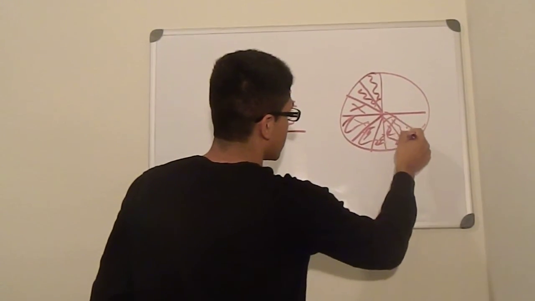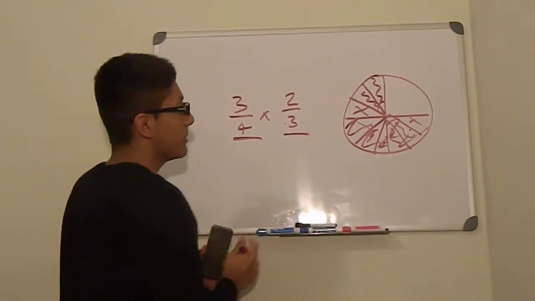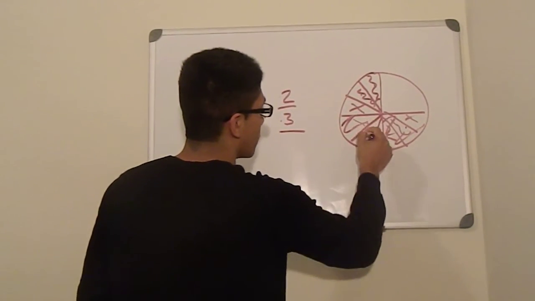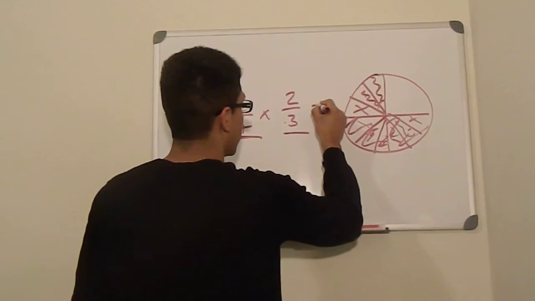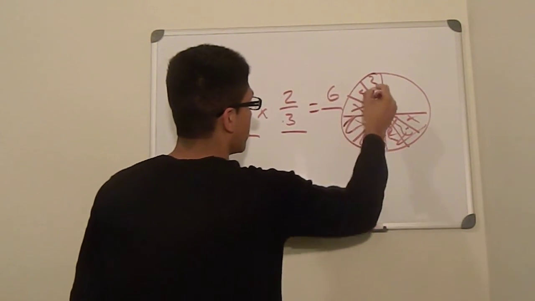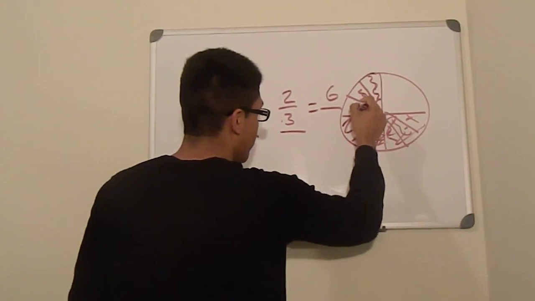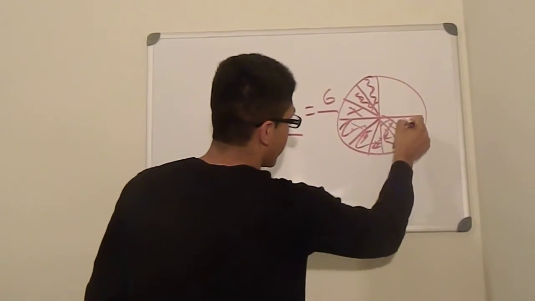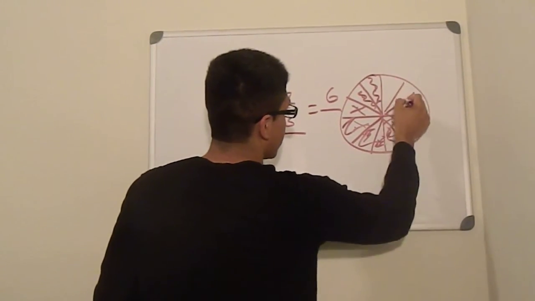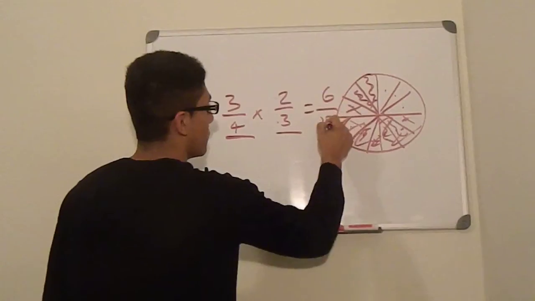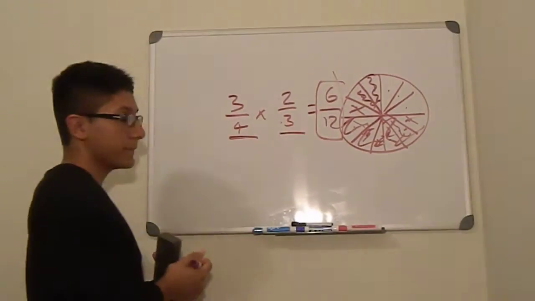Shade this portion, forget about that piece. If we count our pieces, we get 1, 2, 3, 4, 5, 6 over 1, 2, 3, 4, 5, 6, 7, 8, 9, 10, 11, 12. 6 over 12, which is what we originally got.